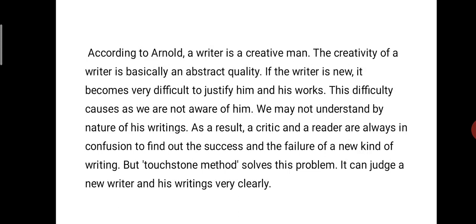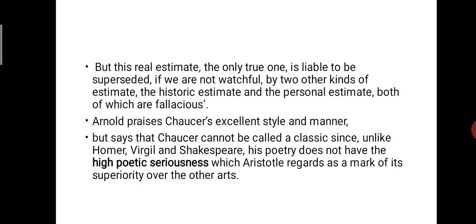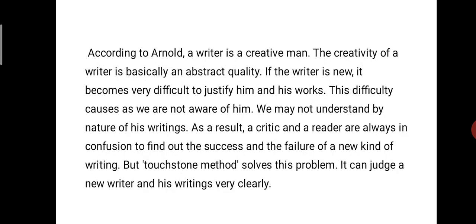If we think about the particular example here, Chaucer, he never judged Chaucer's work from the point of view of high seriousness, high diction, that is, high poetic seriousness. So we can understand what Arnold says about the touchstone method. He compares Chaucer with Virgil, Shakespeare, Dante, and according to him, Chaucer does not have poetic diction or high poetic seriousness.